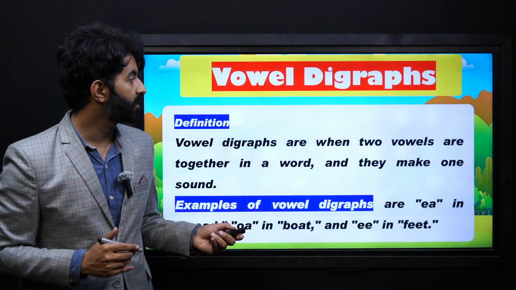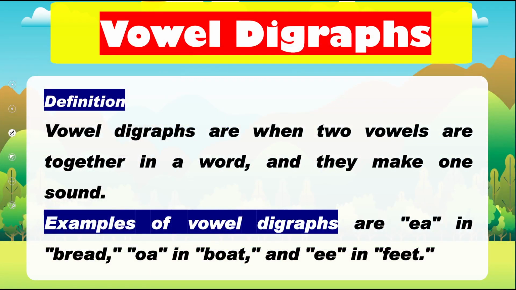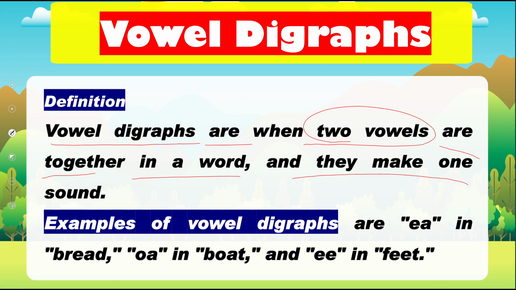Now let's talk about vowel digraphs. Let's begin by reading the definition. So vowel digraphs are when two vowels are together in a word and they make one sound. Let's look at some examples of vowel digraphs.